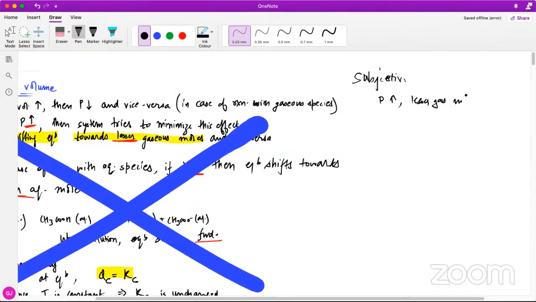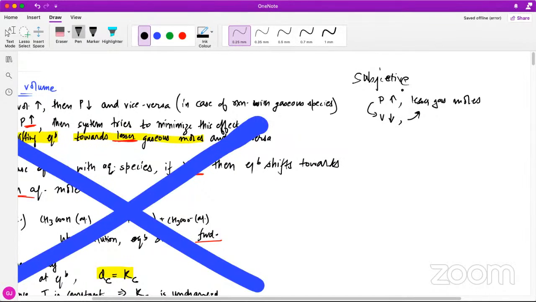Now, given that we keep temperature unchanged in such situations, increasing pressure would mean decreasing volume. So decreasing volume would mean shifting towards lesser gaseous moles, right?